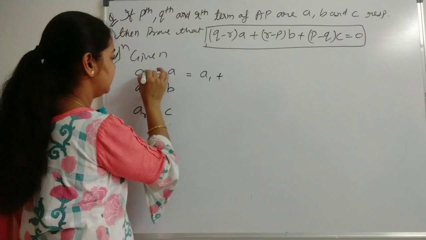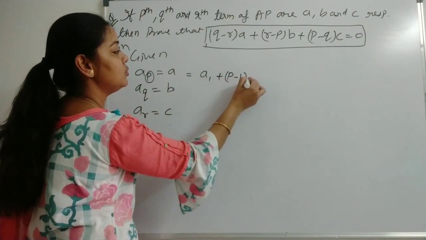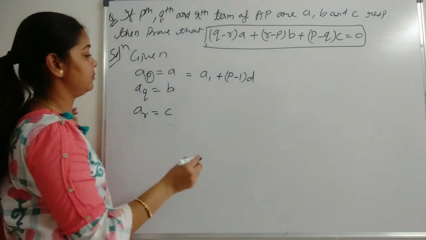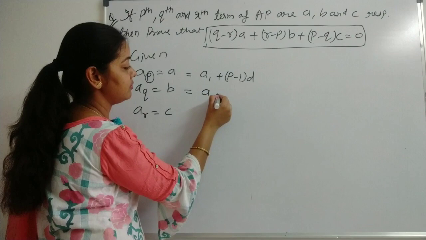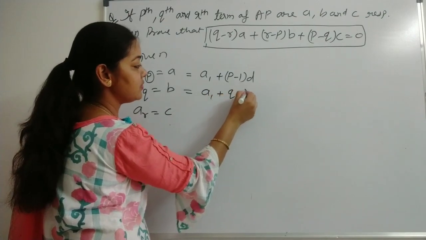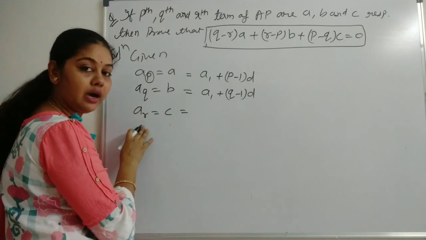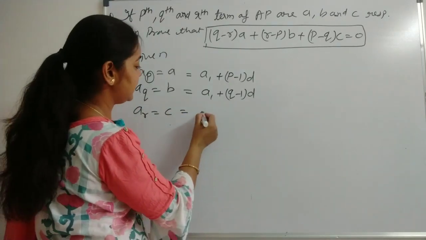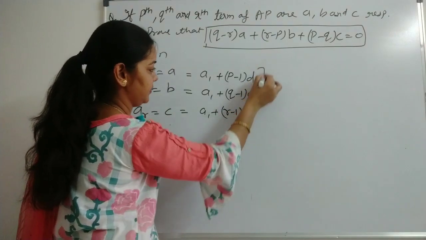A1 plus n minus 1, it means A1 plus p minus 1 into d. Okay? The qth term means A1 plus q minus 1 into d. The rth term, that is c, A1 plus r minus 1 into d.